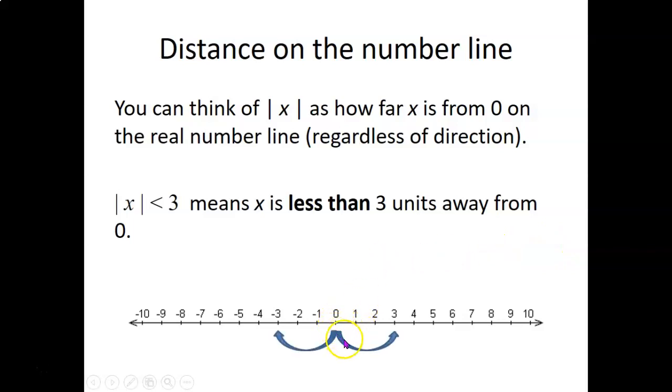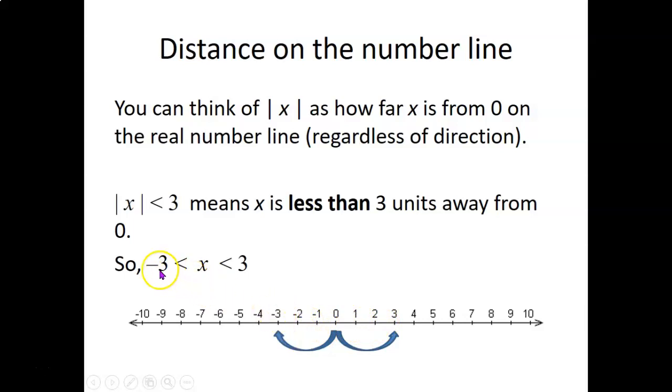So that means you could be less than 3 units away to the right, less than 3 units away to the left. That puts you somewhere between negative and positive 3. You're less than 3, but you also have to be greater than negative 3.